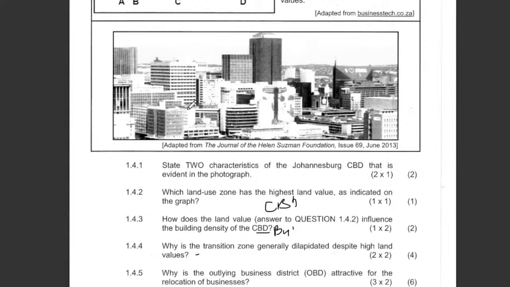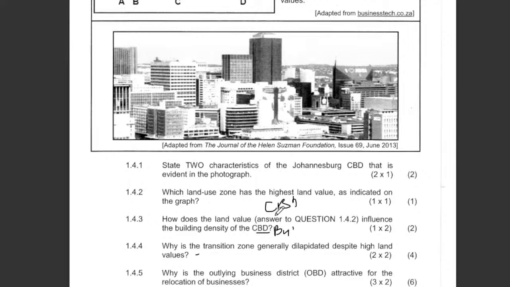Because the CBD has got a lot of problems that result in people leaving the CBD, going to the transition zone, and reaching the transition zone, it increases its land value. So the land value is still high and the buildings are dilapidated because of the increasing population that is transiting towards that region.